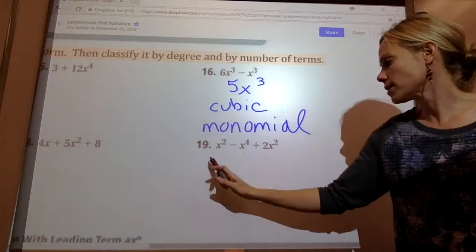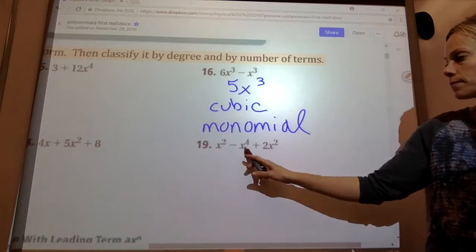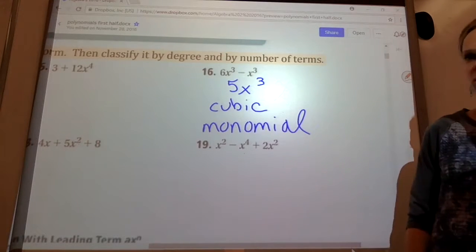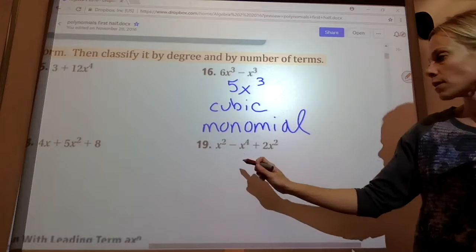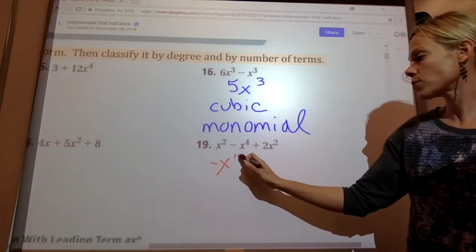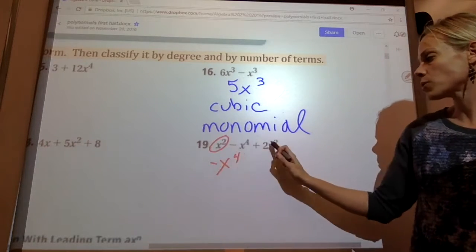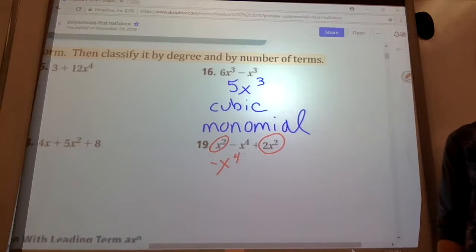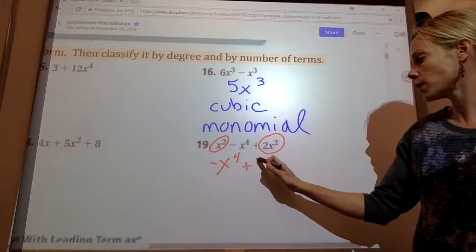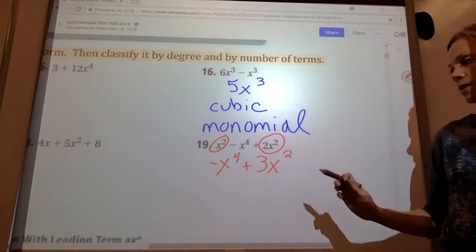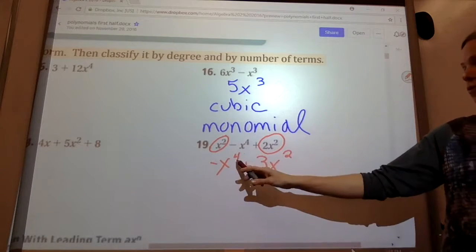How about the one below it? Is that standard form? No. Which term should be first? Negative x to the 4th should be first. These are both squared terms, so I can combine those. To 3x squared. That's standard form. The biggest power is first.